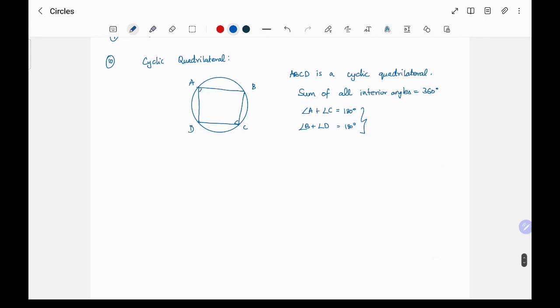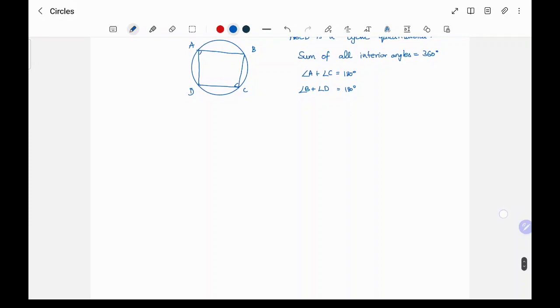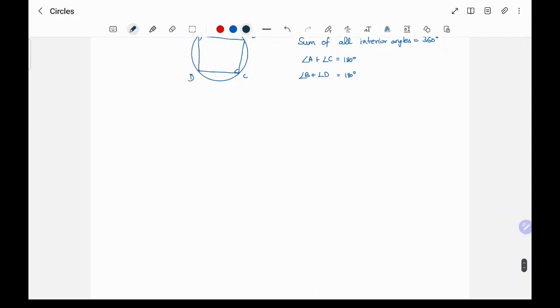So this is not valid for a normal quadrilateral. This is only valid for a cyclic quadrilateral. Okay. So this many properties are enough mostly to solve most of the questions. However difficult it may be, we can still use these properties to solve them.